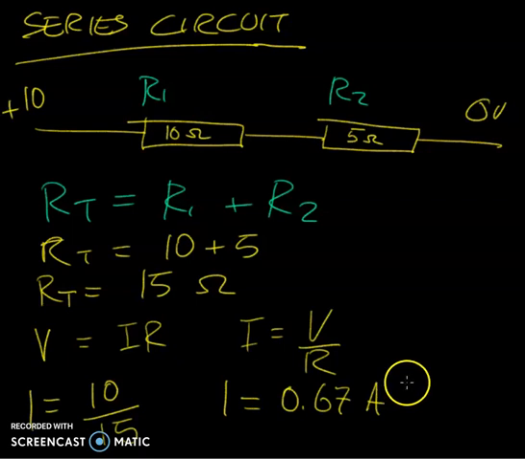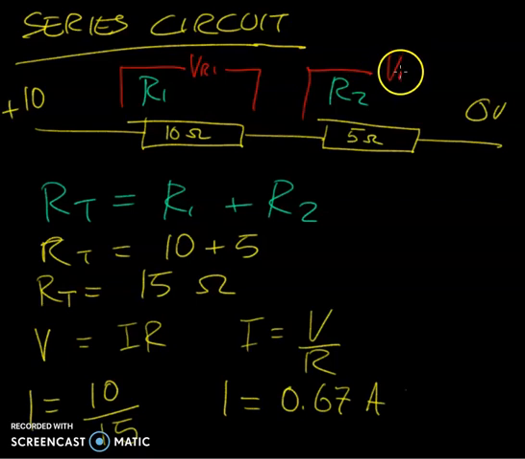Okay, so that's our series circuit solved, more or less. There's a couple of little bits in there. We also need to look at how the voltage is dropped across this circuit. So we will have proportionately 2/3 of the voltage dropped across our 10 ohm resistor and 1/3 dropped across the other. So we've got a voltage across this resistor, VR1, and a voltage dropped across this resistor, VR2.